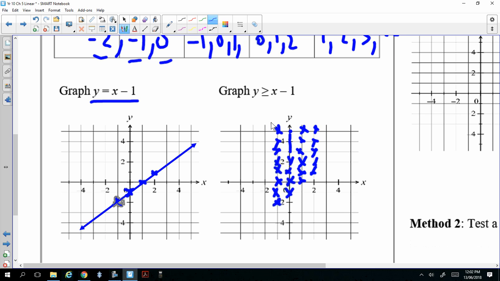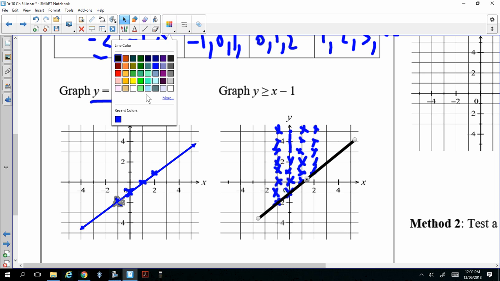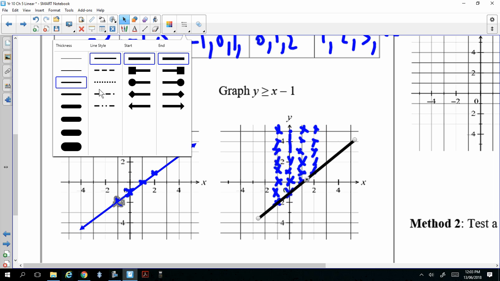You will notice that all these points lie directly above this line. If I draw this line here, it's lying above this line, isn't it? All the points. So let's put arrows on both ends. Thinner arrows on both ends.